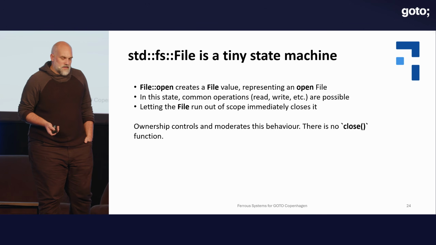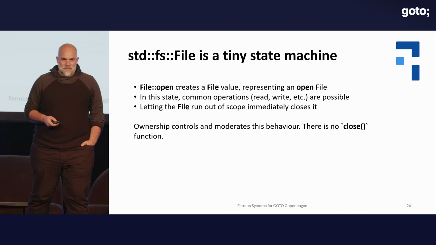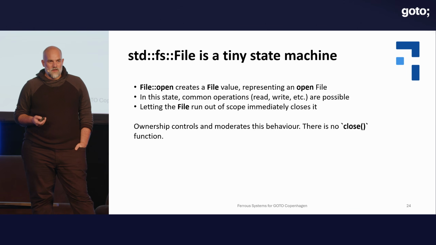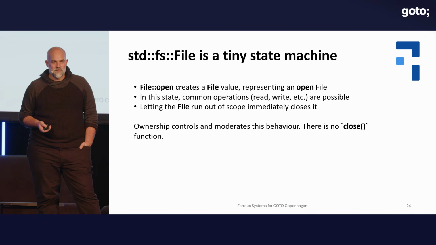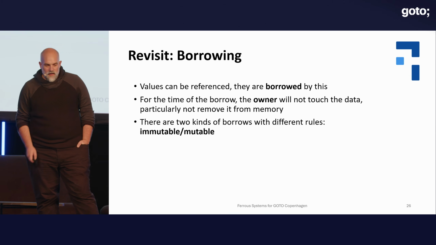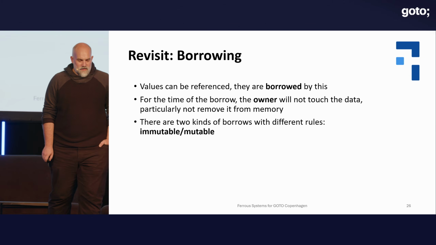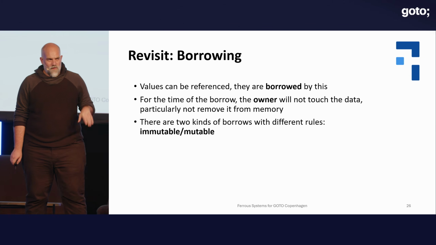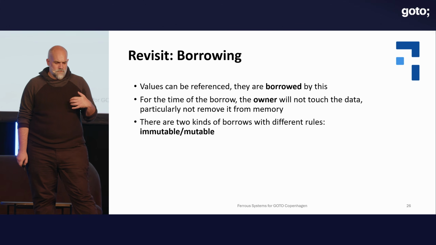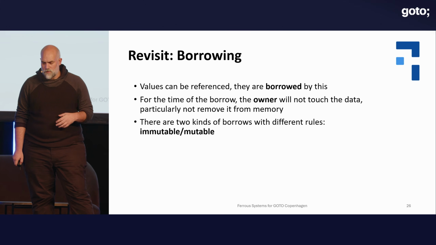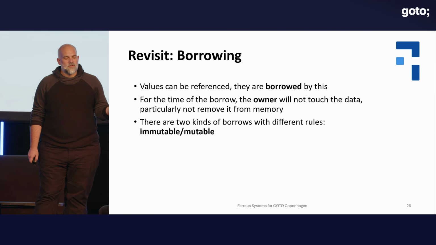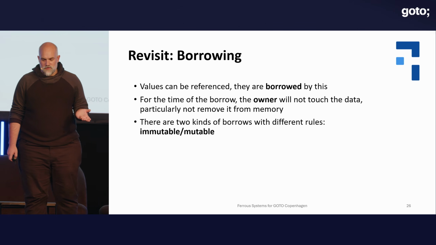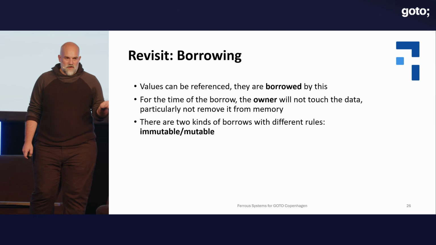So what standard FS file really is, is a tiny state machine, a thing that we're going to exploit later. The second concept that Rust has, and in the beginning took a little bit of the limelight, although probably shouldn't, is that Rust has references, similar to other programming languages. And that means values can be referenced.